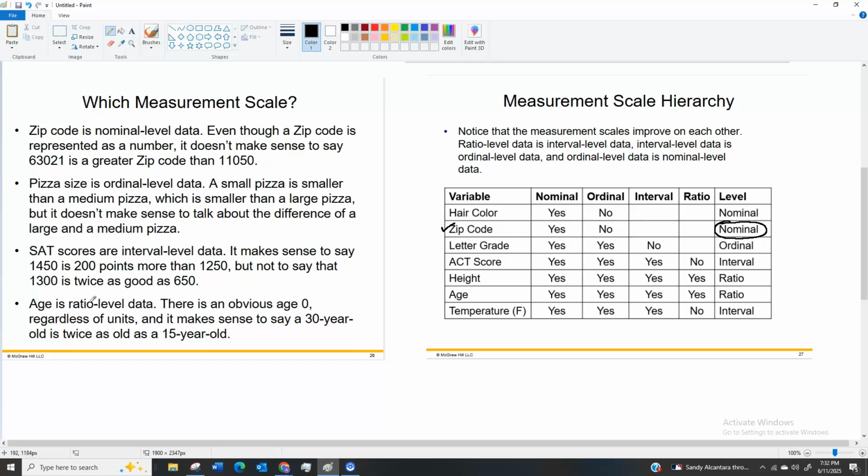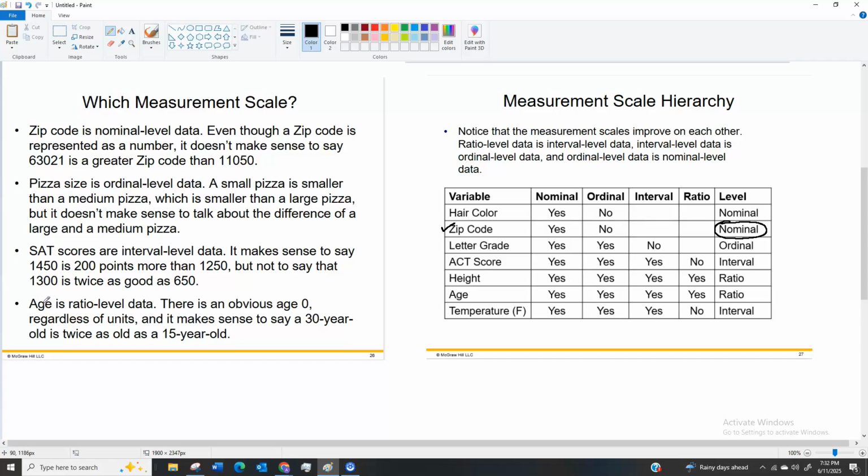Age is ratio level, because you can have an age of 0. Again, try to get away from thinking of people. Think of, say, cell growth. When a cell develops, it's at the age of 0. When it's a day old, it's 1 day old, 2 days old, 3 days old. But age is ratio level, because it has a true 0.